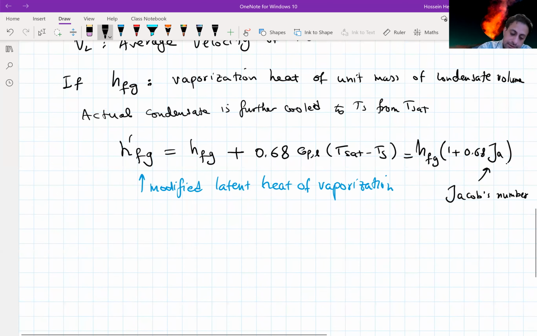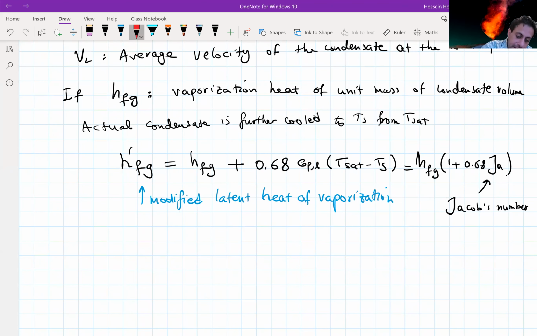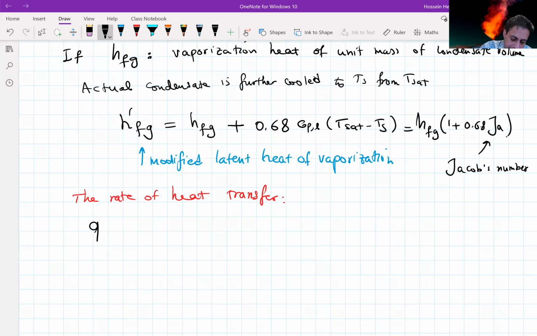And if we have that, we can find the rate of heat transfer that's happening here. Let's call it QS or Q condensation. I'm calling it QS because that's happening on the surface.